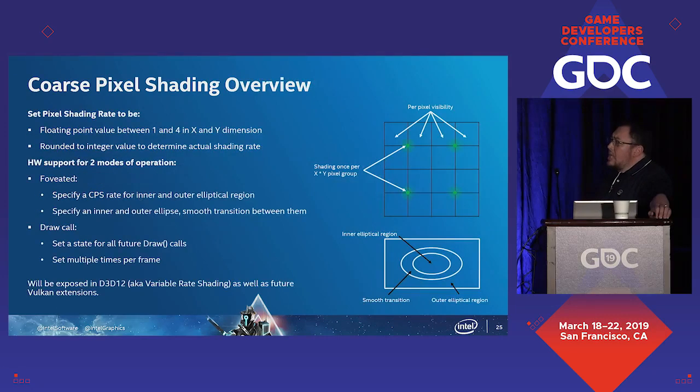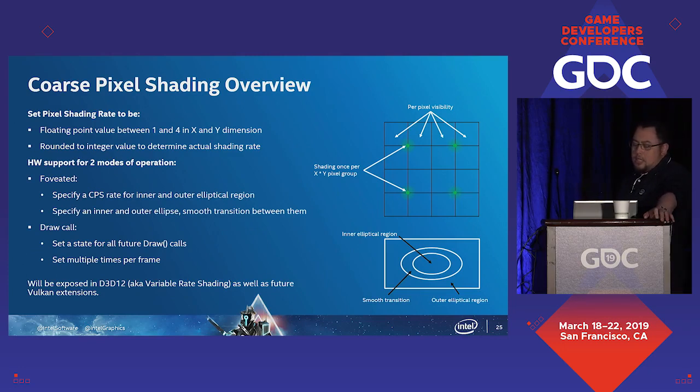So I think Microsoft announced this morning the variable rate shading. This is the tier 1 support for variable rate shading coming up in the new DirectX 12 API. We essentially have the ability to change the shading rate and do either full pixel rate shading or what's called coarse rate shading.